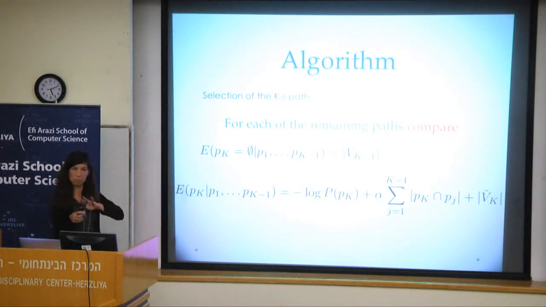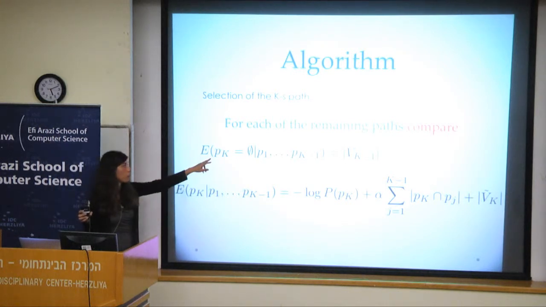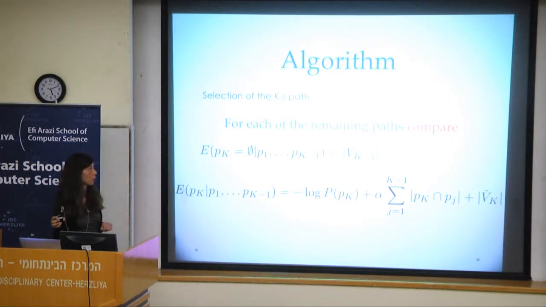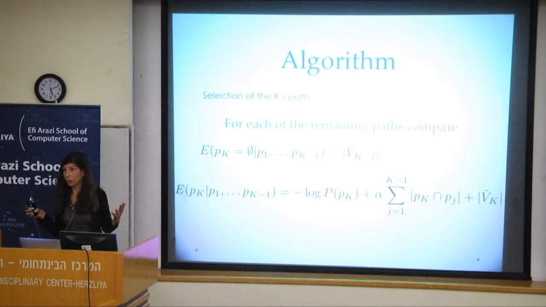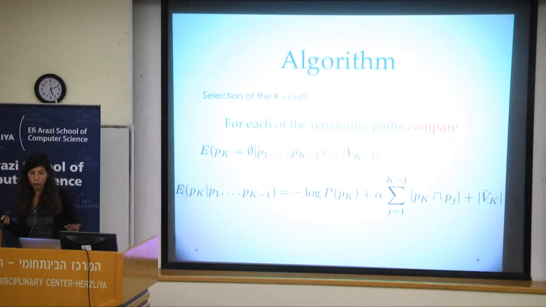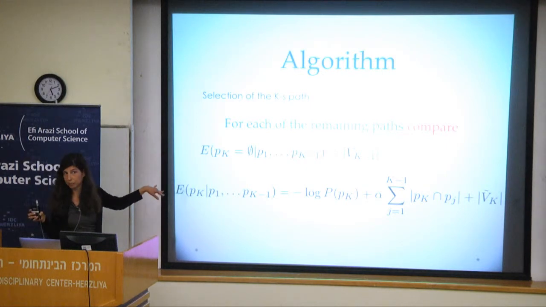The cost of staying here, with the leftover that we denoted by v tilde k minus 1, or adding another path, path number k, with the cost of having minus log of its likelihood. We compare these 2 costs, and we know whether to continue or not. This is a stopping criterion.